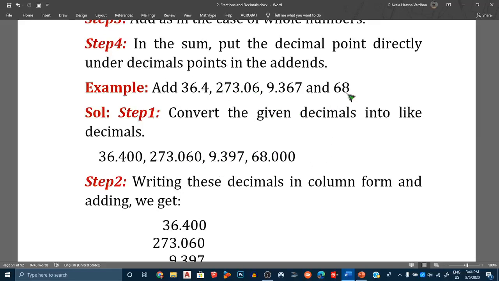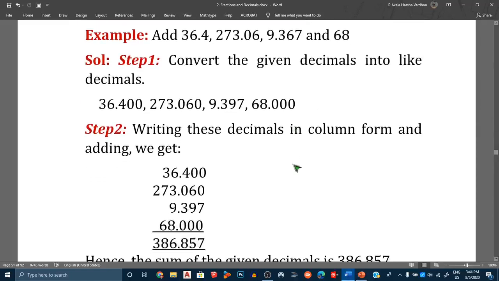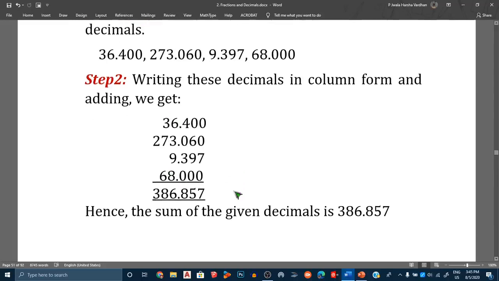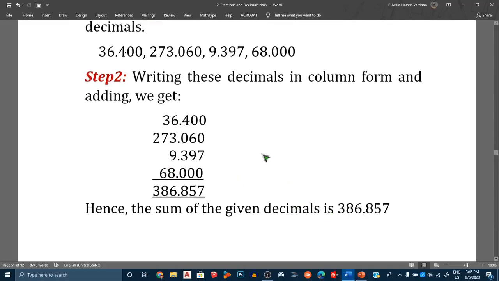Okay, so here it is 68.000. Okay, so now we have to put all the numbers one under the other, keeping the decimal point at the same place. Okay, so like this we have to write here. This is the right way to write to add the decimal numbers. Now you can add like in normal whole numbers only. Okay, so this is the sum of the given decimals.